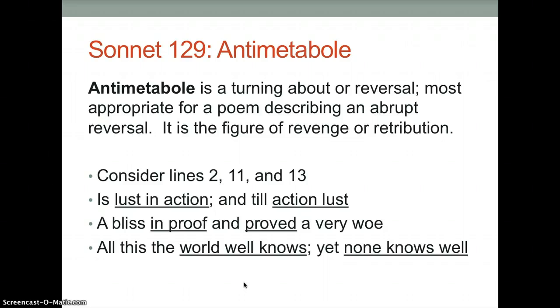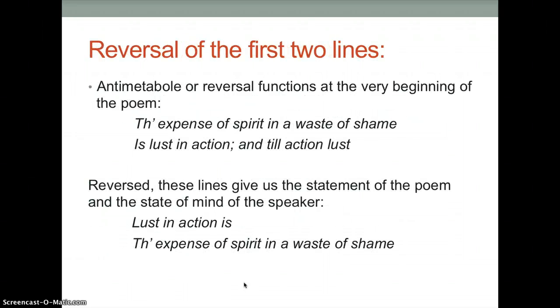Again, for a poet with the world at his hands and not a lot of room, he would not deliberately use lust, action, action, lust, that kind of reversal, unless it served his point about once you have it, then you don't want it, and you will always be driven back to it. Or bliss in proof and proved a very woe. So you want it, and then once you've had it, it's a very woe. All the world well knows, yet none knows well. We know it, and yet we don't keep ourselves from it. Again, how he reverses this phraseology in order to drive home his message about the state of lust.